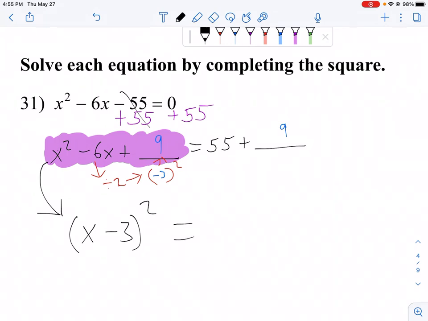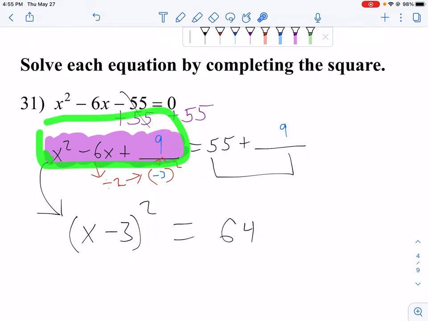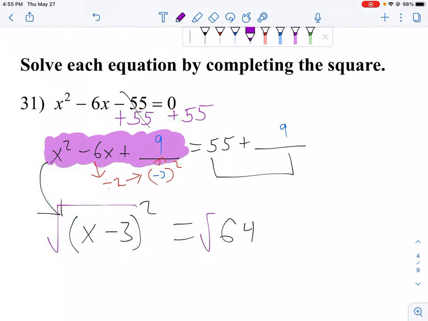And then that equals, I'm going to put 55 and 9 together to get 64. So x minus 3 squared equals 64. That's the whole completing the square, is finding this number so that it creates a perfect square. Now we can solve by taking square roots on both sides.